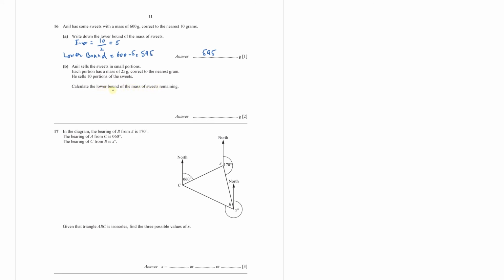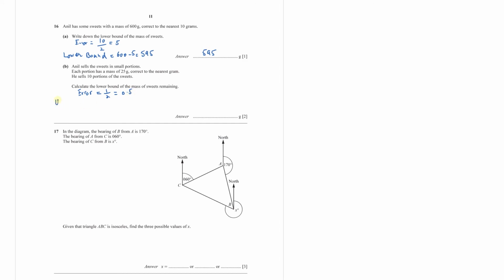To find the lower bound, we have to calculate the maximum possible mass of sweets that he sold. Since each box or portion has a mass of 25 gram, we have to compute its upper bound. The error here would be nearest gram, so it would be equal to 1 over 2, which is 0.5.